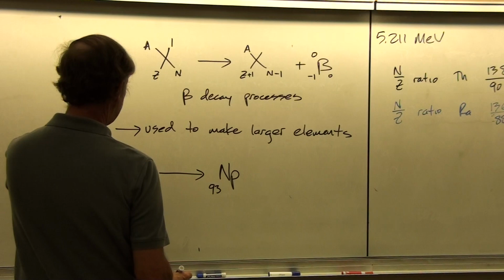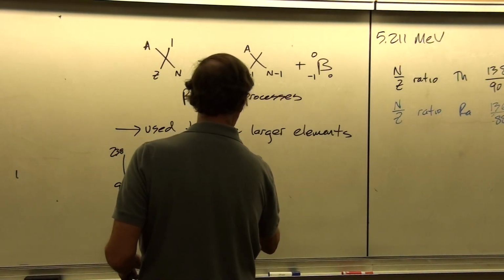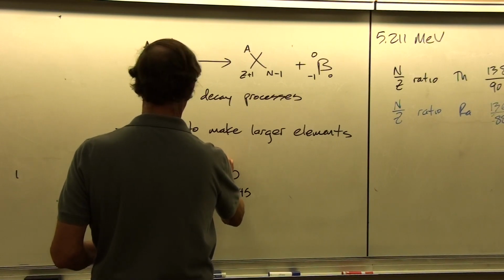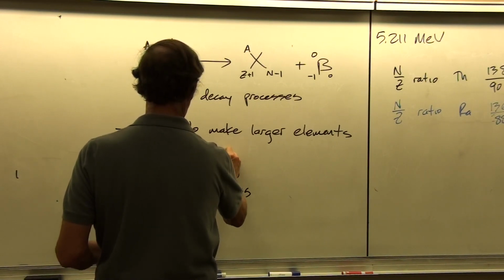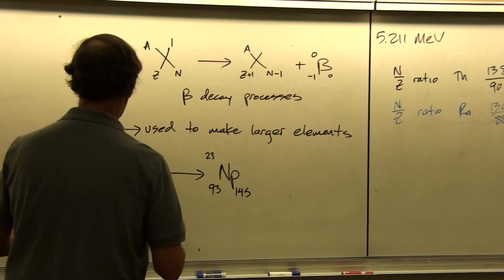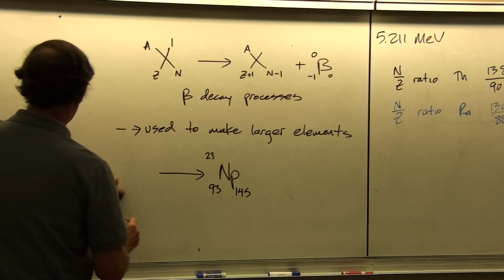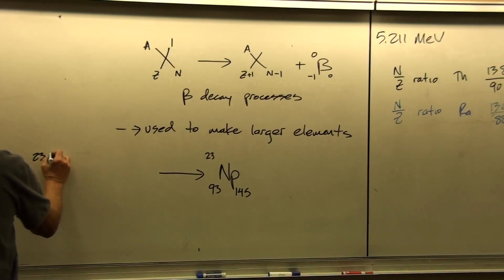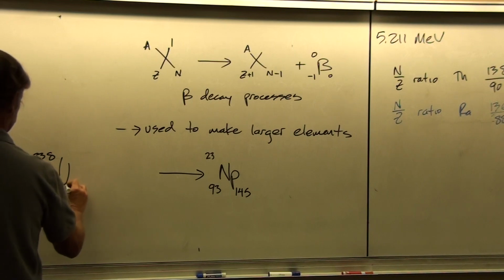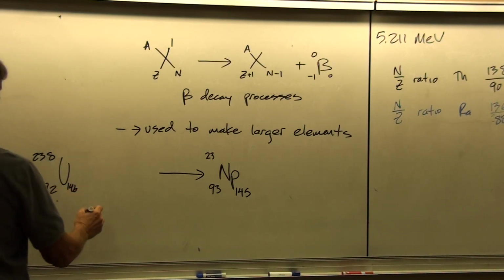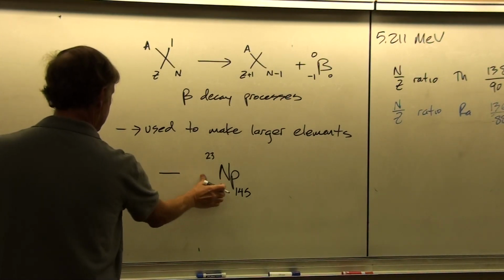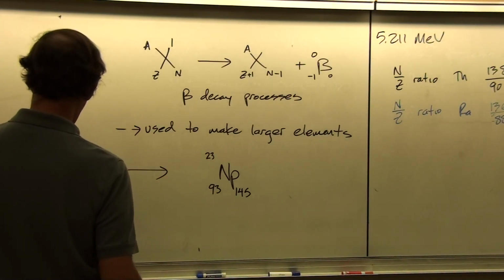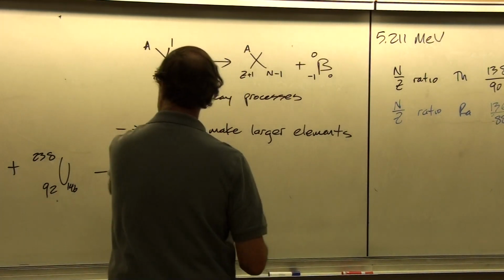It has a neutron number of 145 and still an atomic mass of 238. Here, let's start with, sorry. Let me just start this by adding a neutron to U-238. And so I can do this then if I have a source of neutrons. And so then this will turn into U-239.